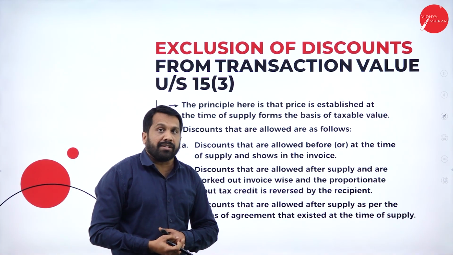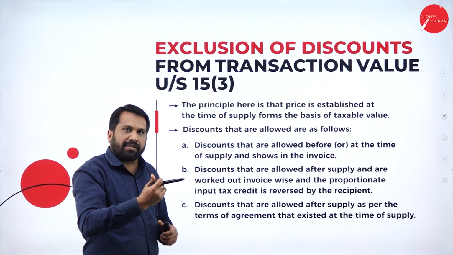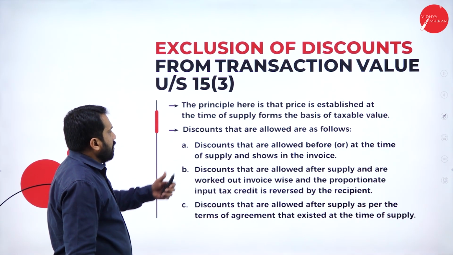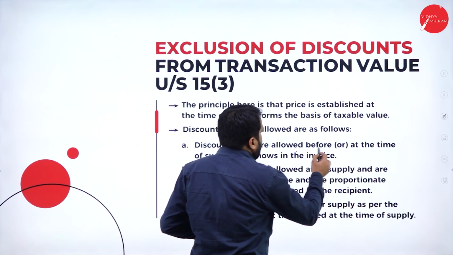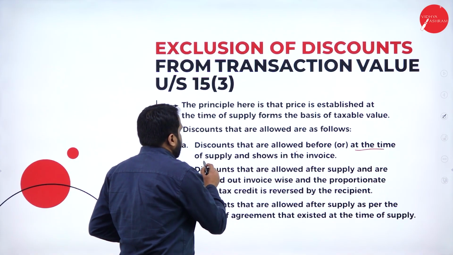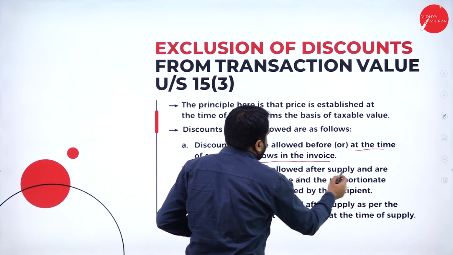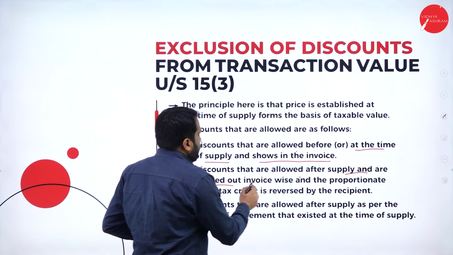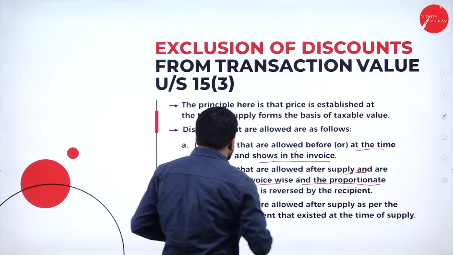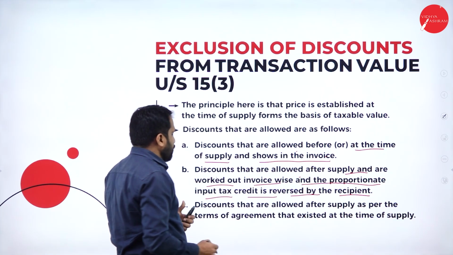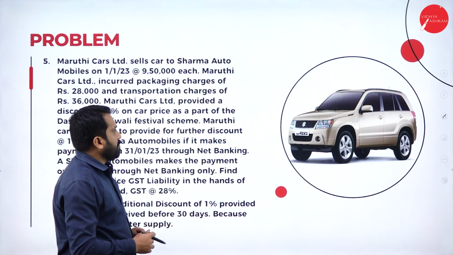Always, after adding everything, whatever discount is given, you have to deduct. Discounts allowed before or at the time of supply and shown in the invoice are deducted. Discounts allowed after supply, worked out invoice-wise, with the proportionate input tax credit reversed by the recipient. I'll explain this while doing the problem.